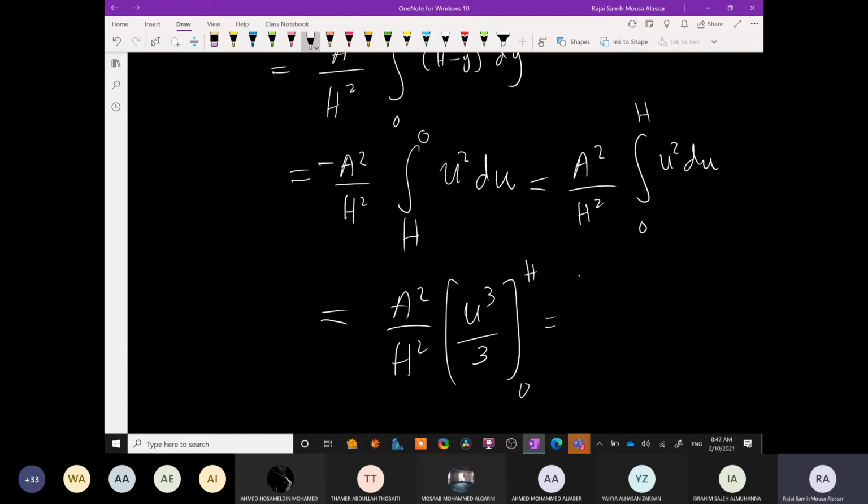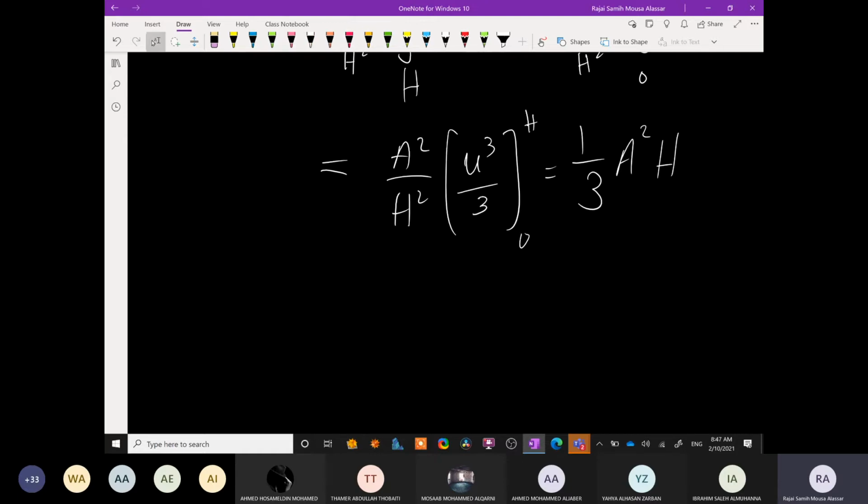So this becomes the known formula that you have, which is one third a squared times h, where a is the length of the base. This is the length of the base, which is a, and this is the height h, and this is your pyramid.